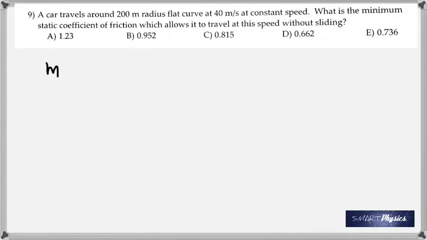In the ninth question, a car travels around a 200-meter radius flat curve at 40 meters per second at a constant speed. What's the minimum static coefficient of friction which allows it to travel at that speed without sliding? Now notice that this is a flat curve. That means there is no banking, which means the required centripetal force is entirely due to friction.